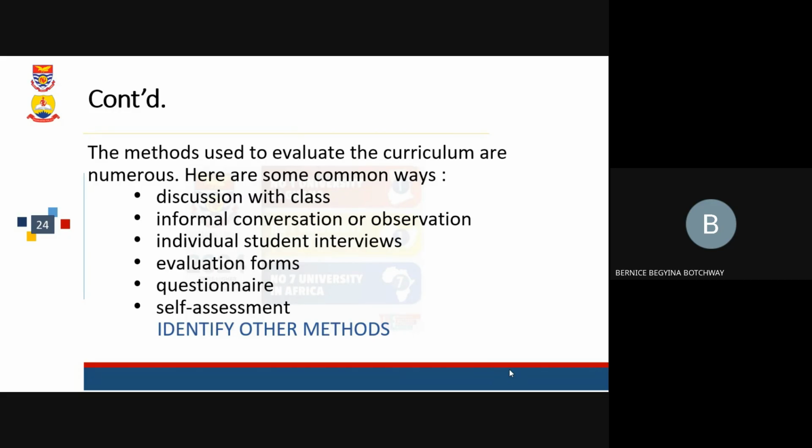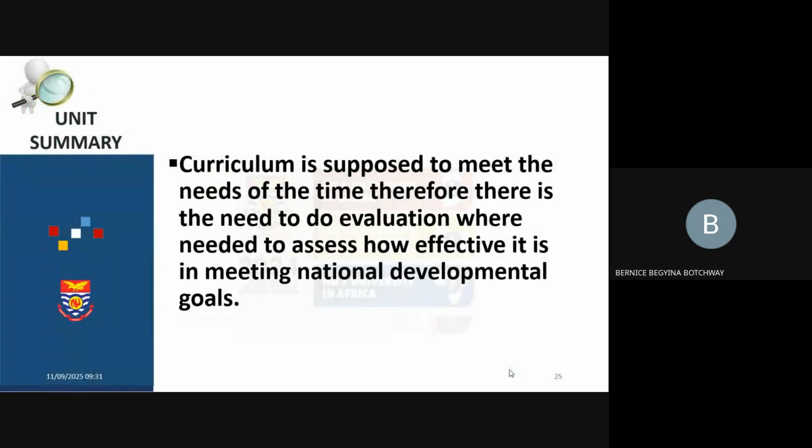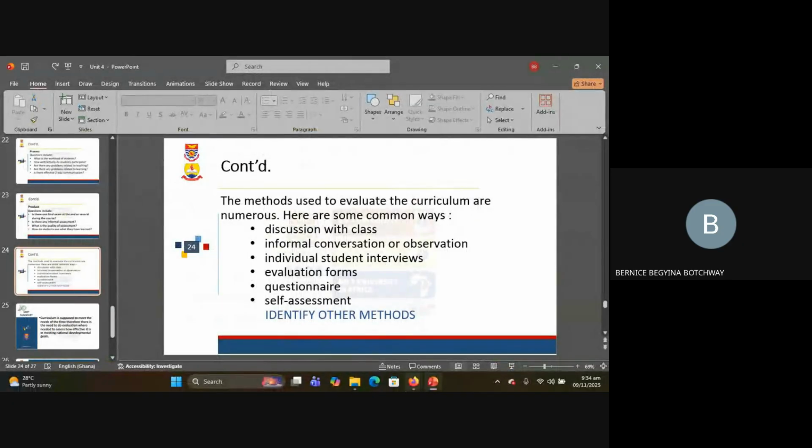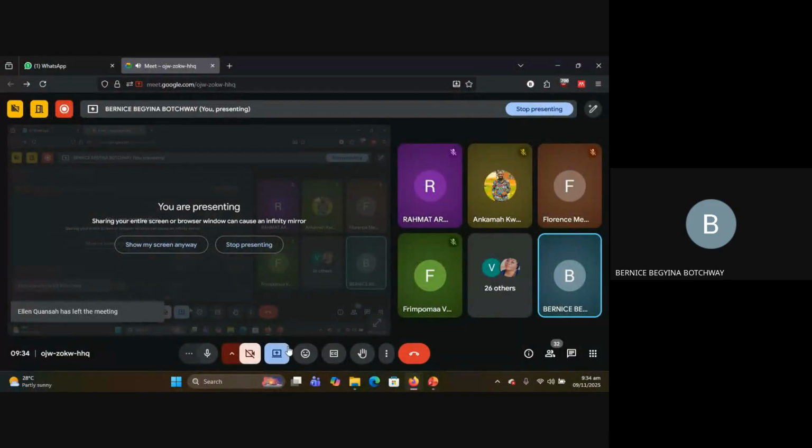What other ways do you think we can use to evaluate curriculum aside from this that I have mentioned? Having a discussion, formal or informal, evaluation from questionnaires, self-assessment.